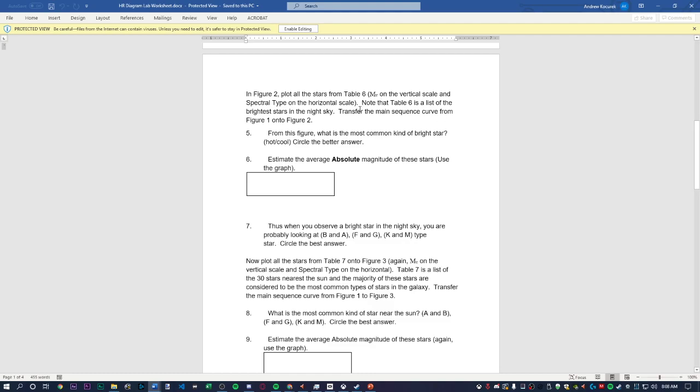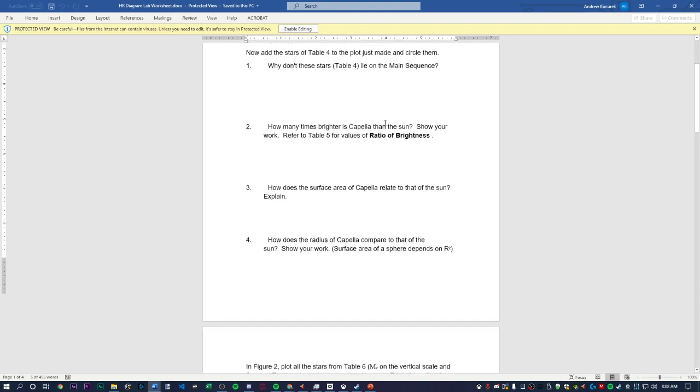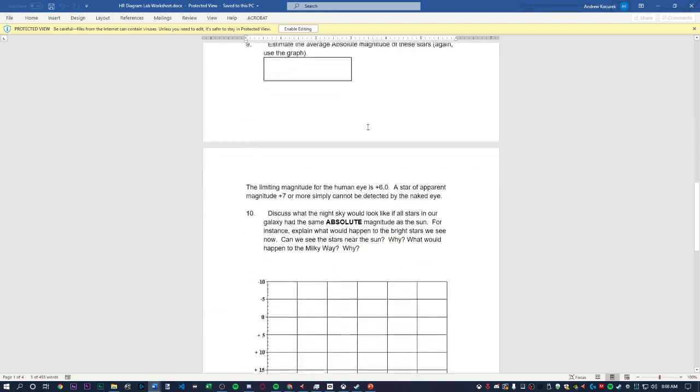And you're going to transfer the main sequence curve from figure 1 onto figure 2. So all I want you to do right here is draw that smooth curve that you made onto the next graph.